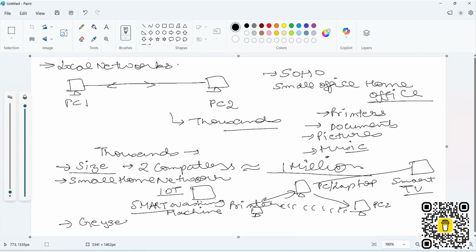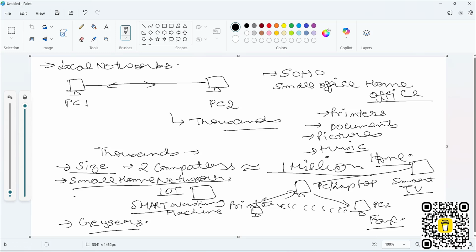Nowadays we have smart geysers as well. So all of these things can be controlled using your home internet or home Wi-Fi. So this is something called what? A small home network, small office, small home. And if you talk about an office, obviously you are going to have other office equipment such as a fax machine or a facsimile machine.